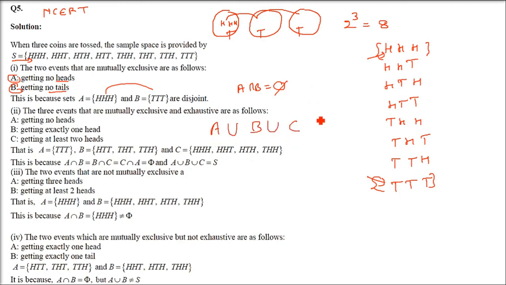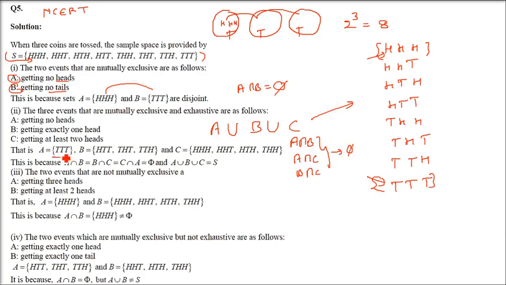Now if you take the union of A, B, C, it has to give you the sample space, the total sample space of the experiment. Now you have to remember A intersection B or A intersection C or B intersection C, all these 3 should be equal to phi, should be equal to null.